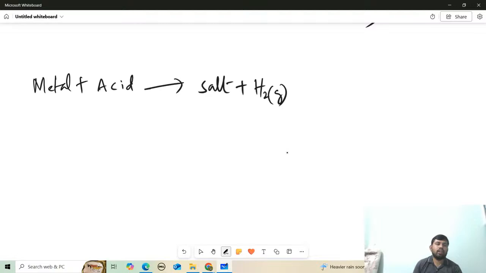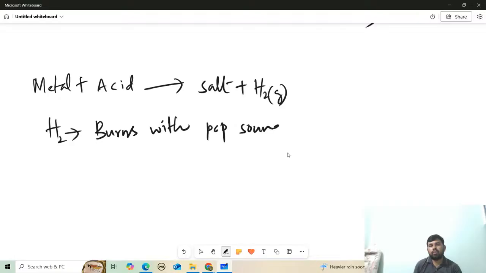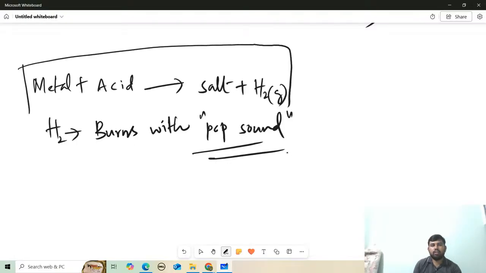How can we confirm hydrogen gas? Hydrogen gas burns with a pop sound. So the pop sound test we can do for confirmation of hydrogen gas. So finally, this is important here: metal plus acid gives rise to salt and hydrogen gas.